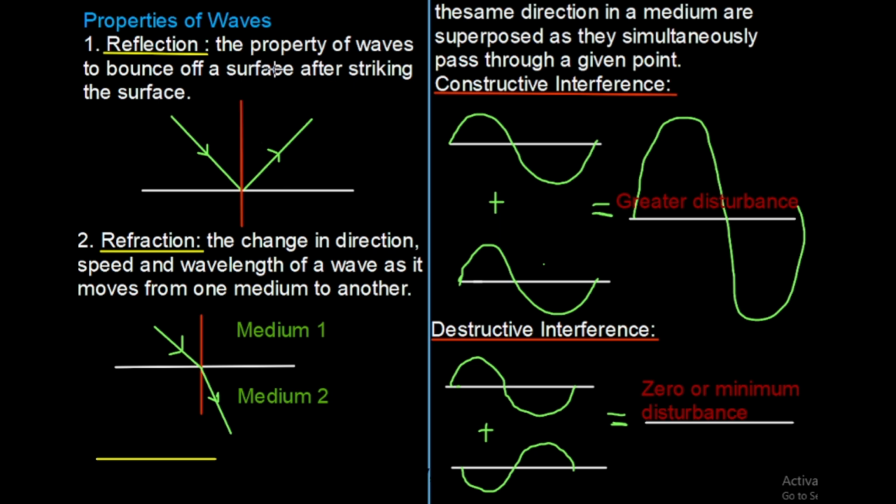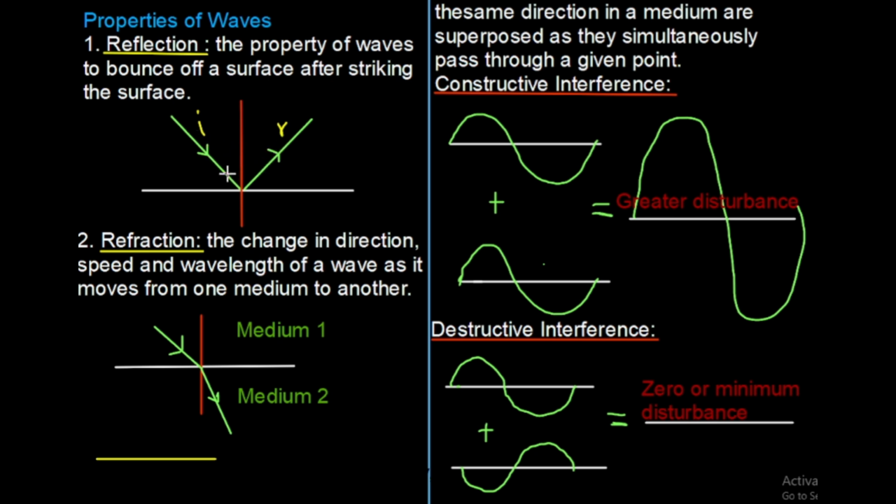Now reflection is a property of a wave to bounce off a surface after striking the surface. A wave strikes a surface, it will bounce off the surface. This is reflection. Now the wave that strikes the surface, we call it the incident ray. The one that bounces off the surface, we call it the reflected ray. So this is incident ray, reflected ray.